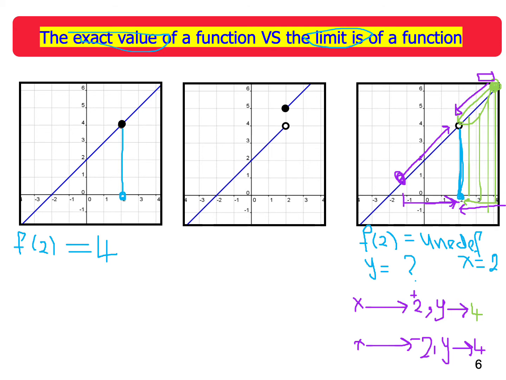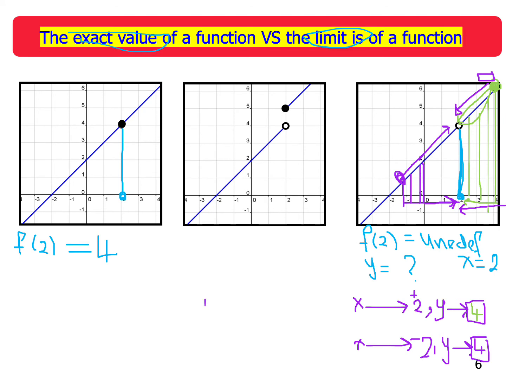The first height is 1, the second height is 1 point something, then 1 point something, then 2. That means the heights are also going to 4, or the graph is moving towards 4. Now, the left limit is 4, and the right limit is also 4.